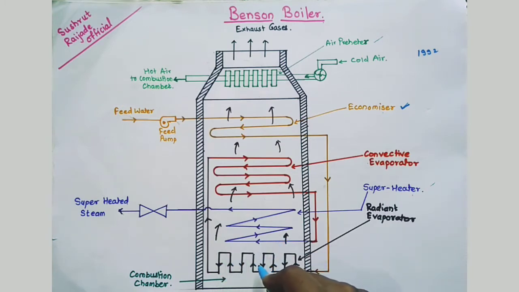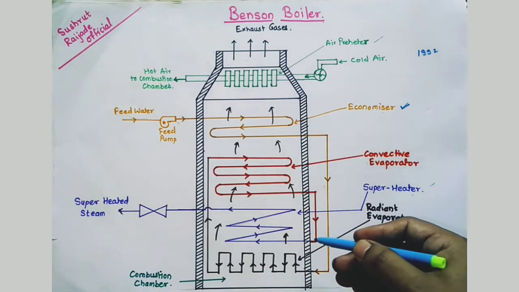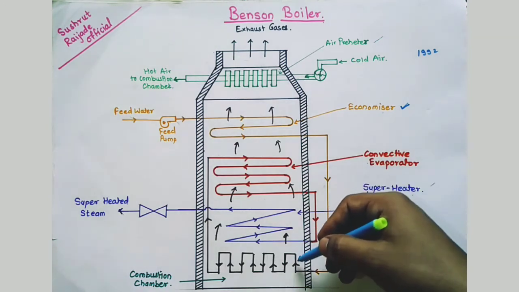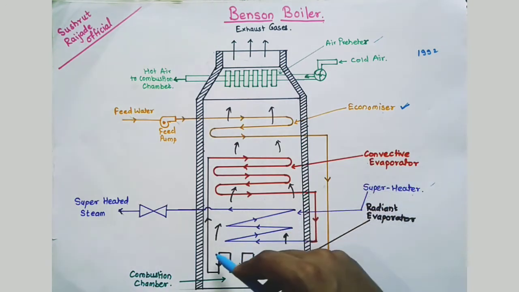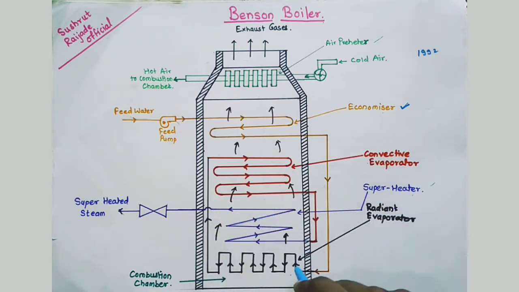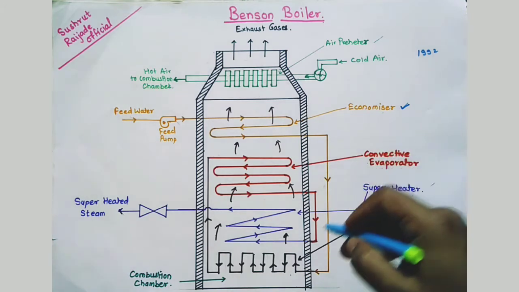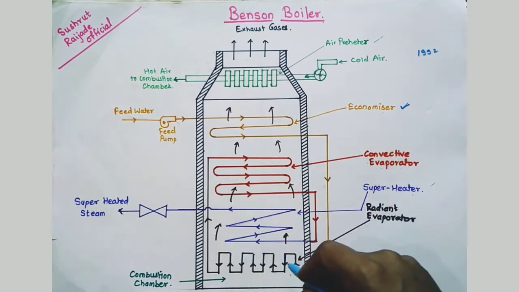The radiant evaporator is very near to the combustion chamber, therefore it receives the radiation from the combustion chamber and converts the water into steam. The radiant evaporator does not completely convert the water into steam, therefore some water is present in that steam.